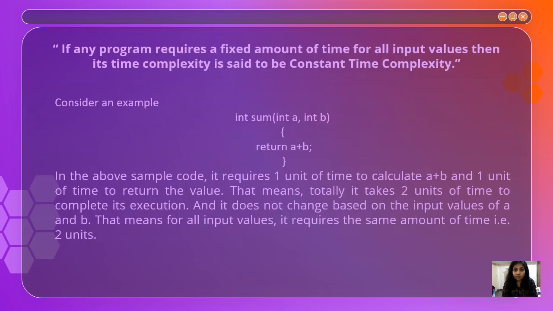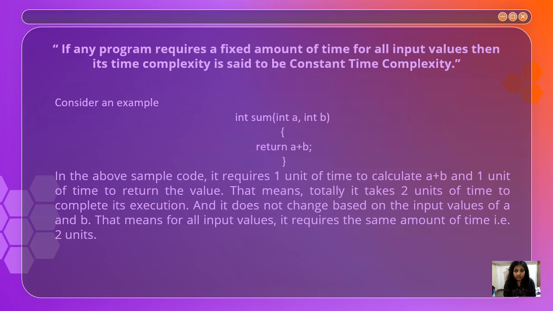If any program requires a fixed amount of time for all the input values, this type of time complexity is known as constant time complexity. Let us consider a simple example to understand this. The function sum is passed with two parameters, integer a and integer b. This function performs the task of adding two integer values and returning it.